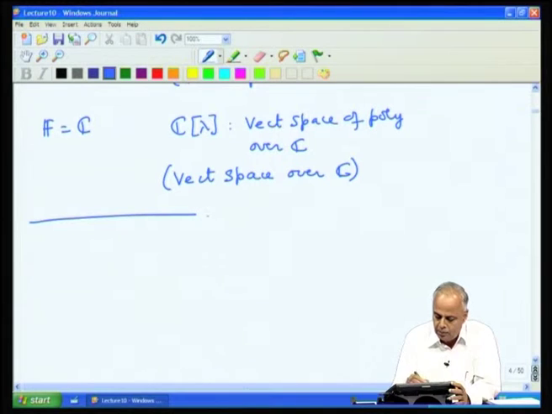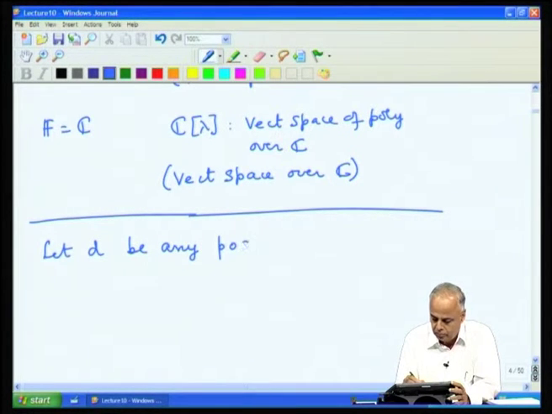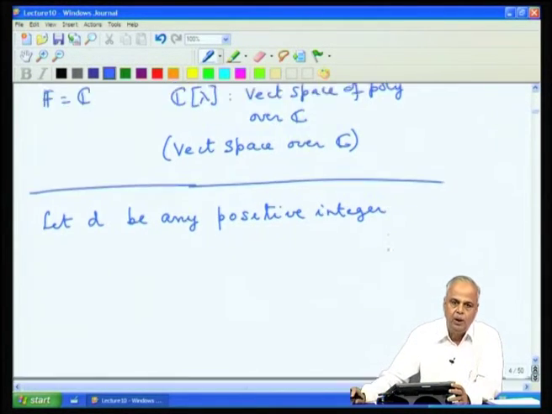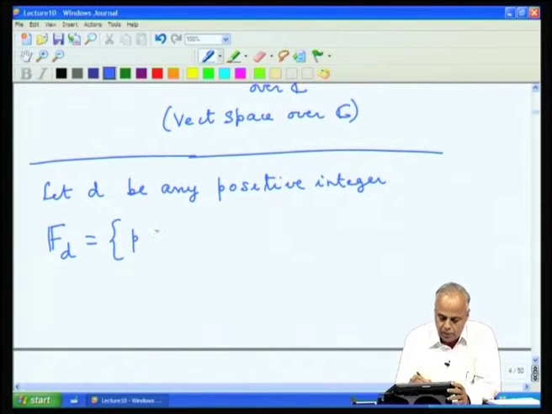The next example is a special version of polynomials. So, let d be any positive integer. For example, we can take d equal to 4 or 5 or whatever positive integer we need. Let F_d denote polynomials first.